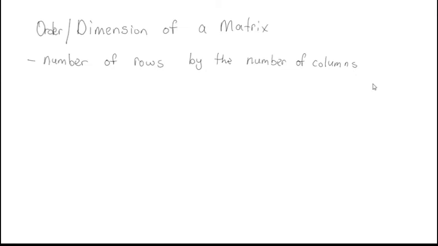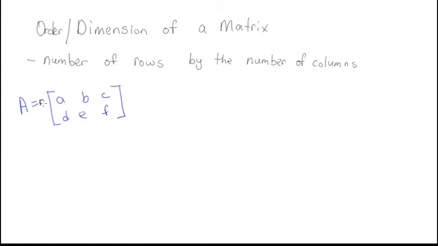Let us look at the order or dimension of a matrix. Now the order or dimension of a matrix is the number of rows times the number of columns. So we have a matrix A with elements A, B, C, D, E, and F. Now the order or dimension of this matrix would be the number of rows by the number of columns.